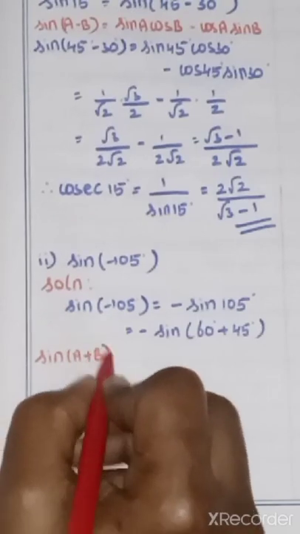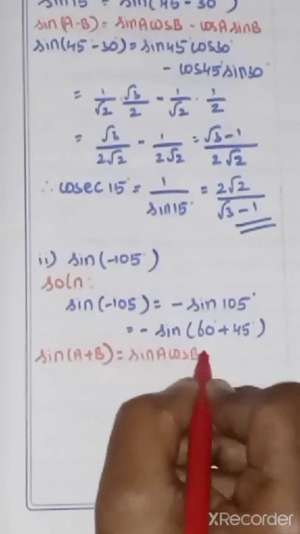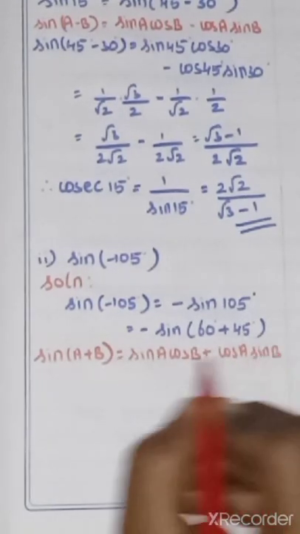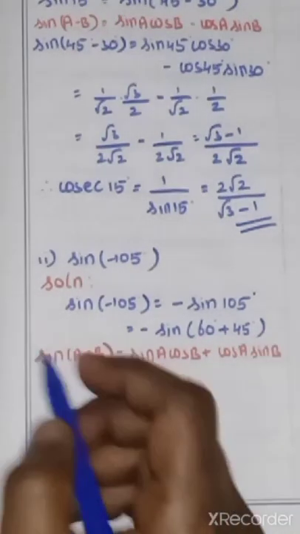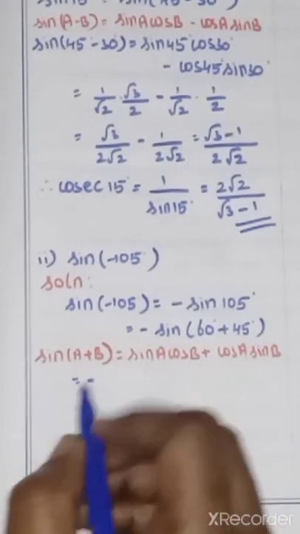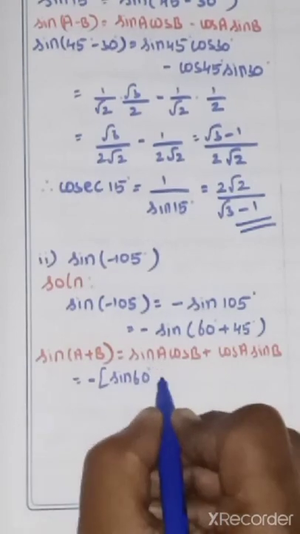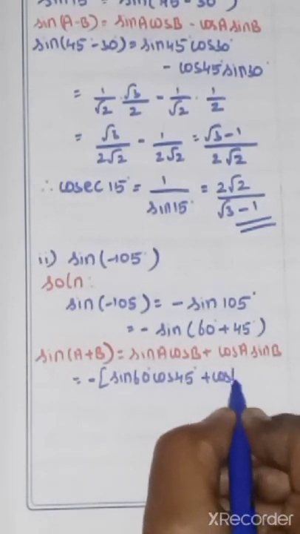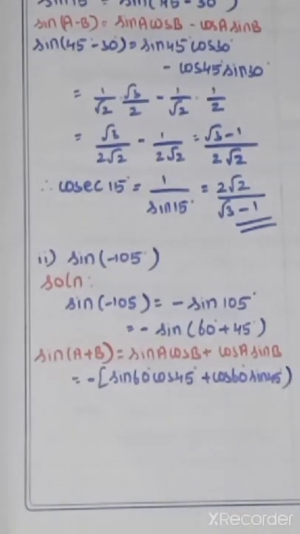Sin(A plus B) is sin A cos B plus cos A sin B. What is the A value? 60. B value 45. So we can write this as minus, we can take that minus outside, sin 60 degree cos 45 degree plus cos 60 degree sin 45 degree.